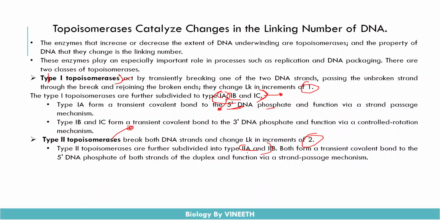The main difference is in the subunits of the protein molecules. Type 2A contains two different monomers, while type 2B contains only one monomer, which is involved in the entire mechanism.